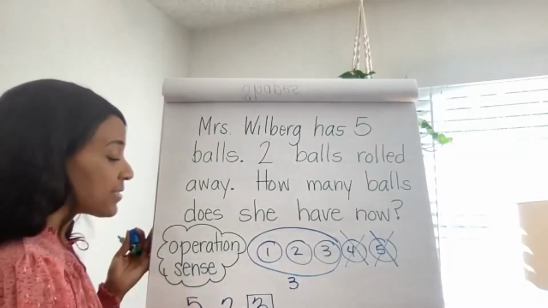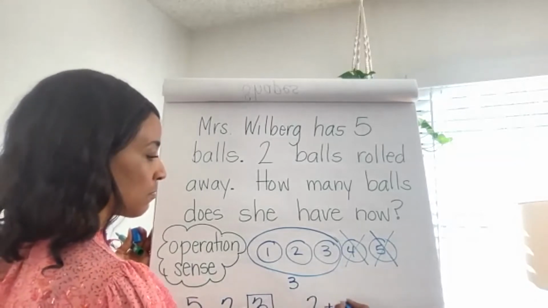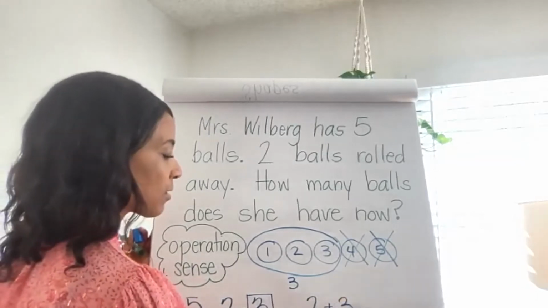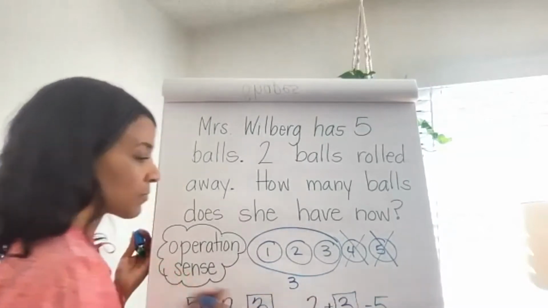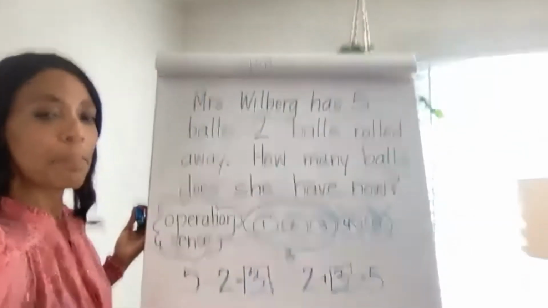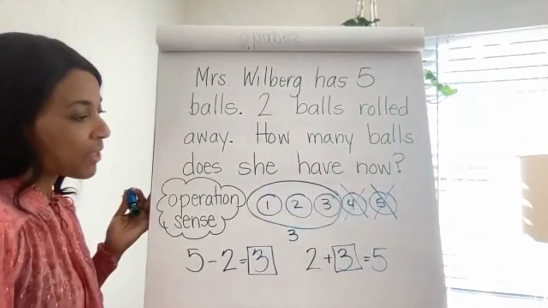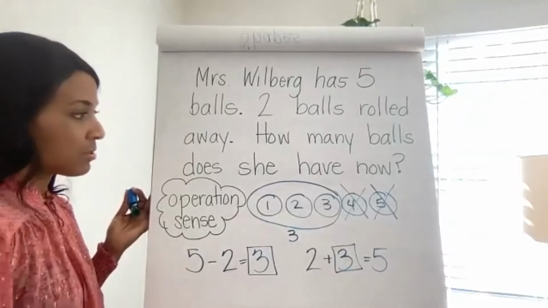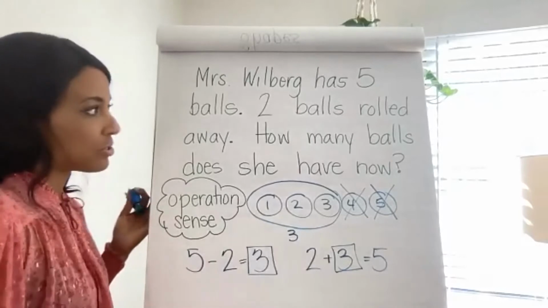Other students might say 2 plus blank is 5. Both of those equations are accurate and match the problem, and both can be used to solve this problem. So subtraction or addition can be used to solve the problem.